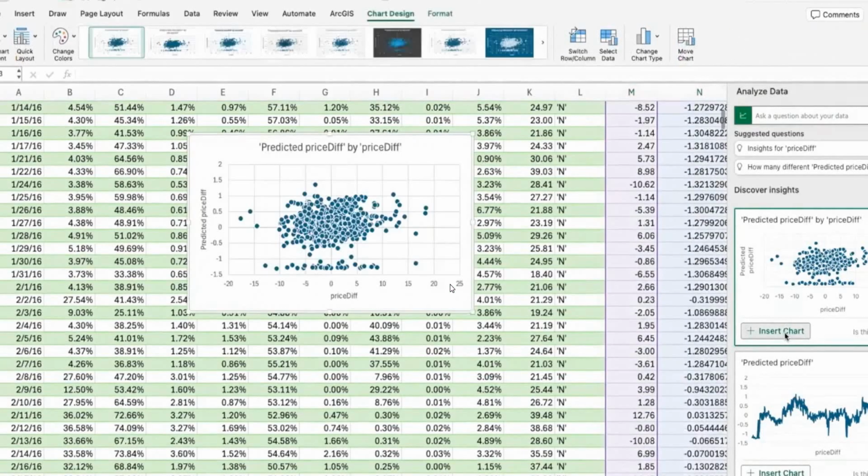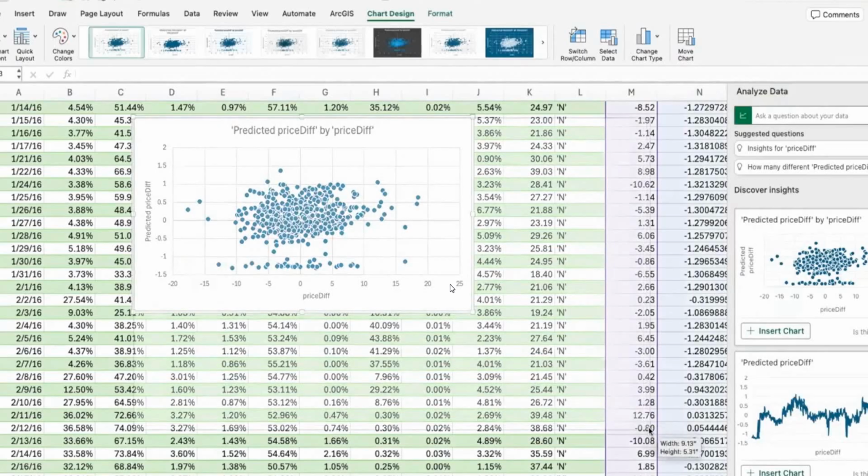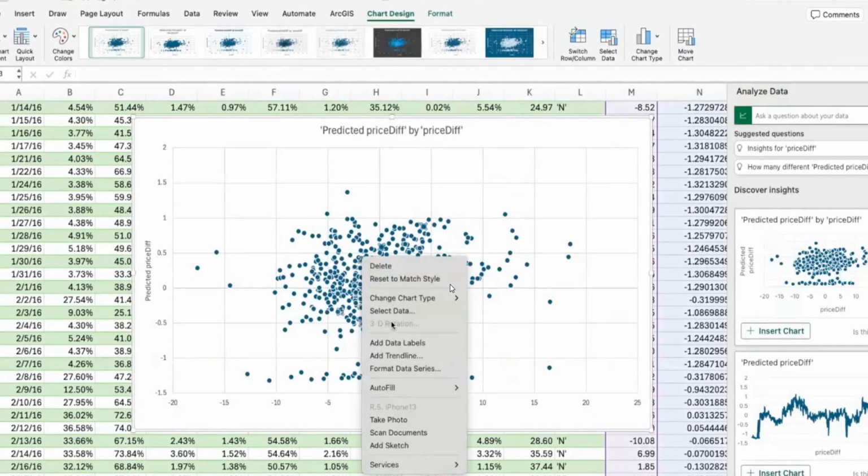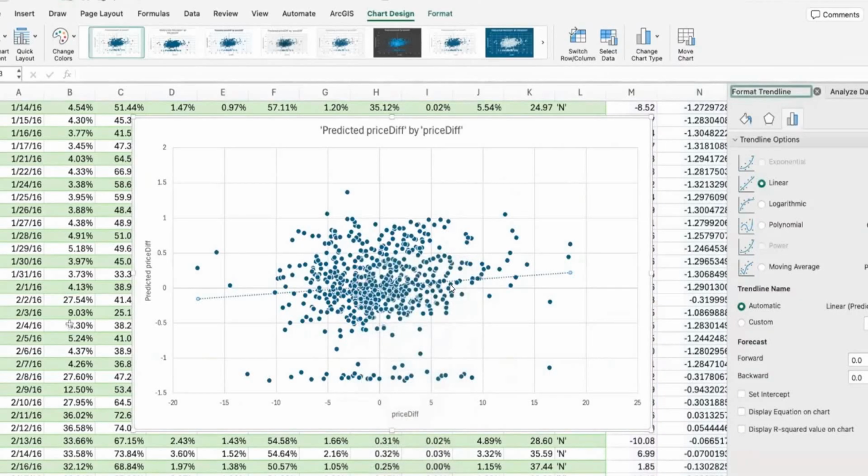Let's see this one. So this is the scatter plot. So basically, if we use the scatter plot, we can see whether there is a significant trend or not. So I can add a trend line. So that means how those predictions correspond to the price difference of our observations.